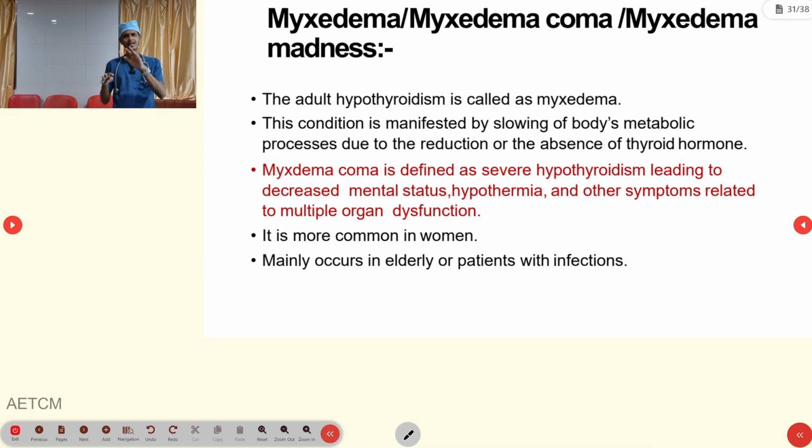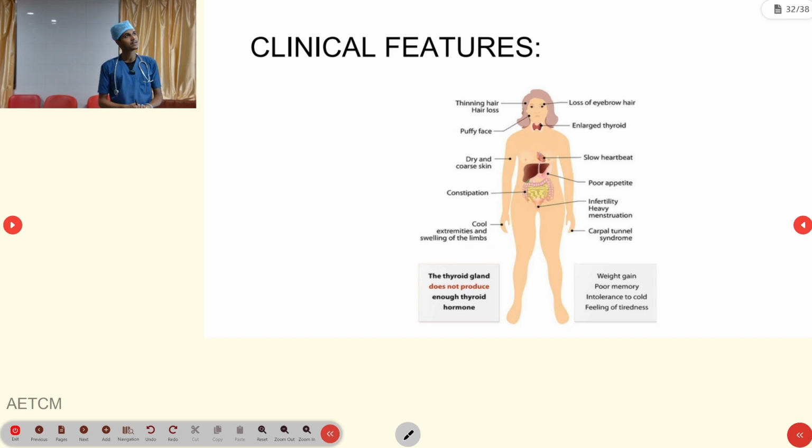If you remember the normal function of the thyroid gland, you can easily remember what things will arise. Clinical feature wise, it is the same thing. You can see a goiter, or an enlarged thyroid gland.